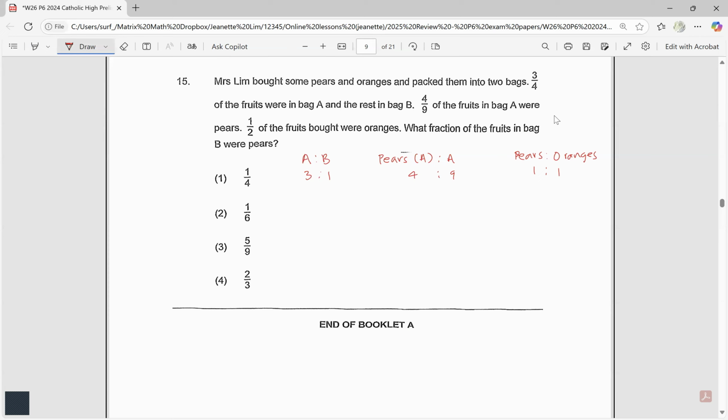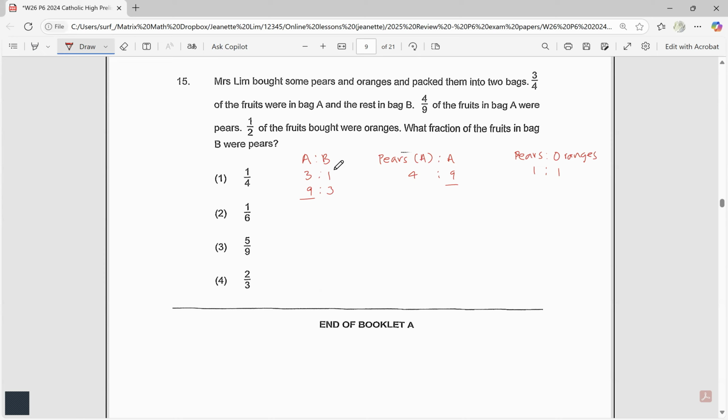So now let's find the common base. The number of fruits in A, here is 3, here's 9, so let's change it to 9. Then for this other ratio, it is the total of A and B that is the same as the total of pears and oranges.